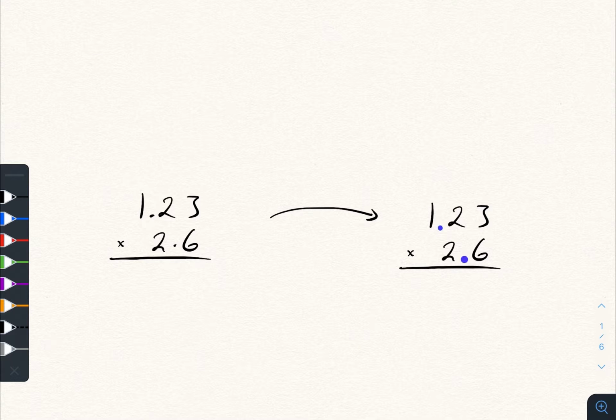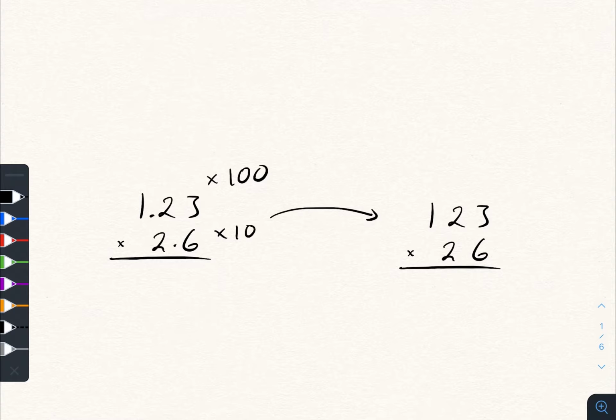And what do you do when you finish multiplying and then have to throw in the decimal? Well, when you're moving the decimal over, you're multiplying this number by 100 to move the decimal over twice, and then multiplying this number by 10 to move the decimal over once.